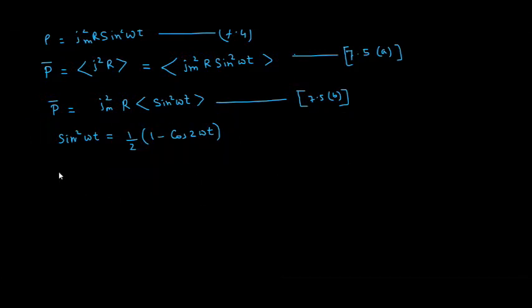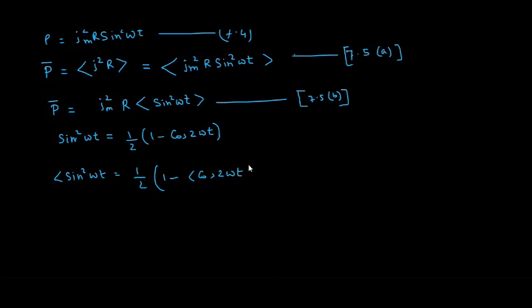So we can write here mean of sine square omega t is equal to half of 1 minus the mean of cos 2 omega t.